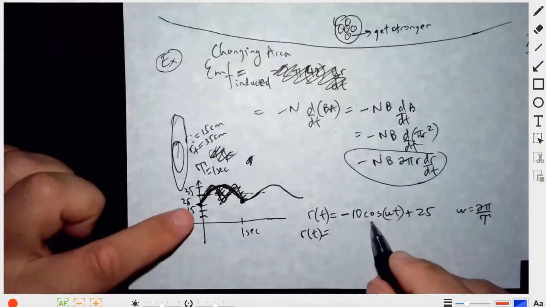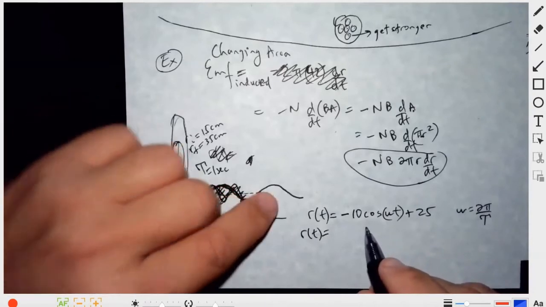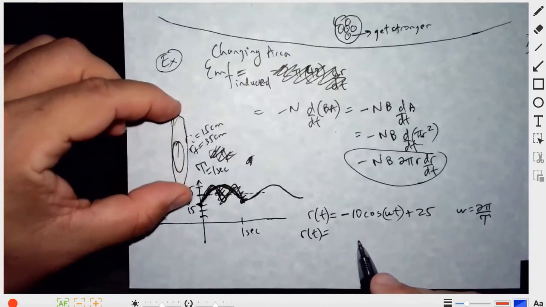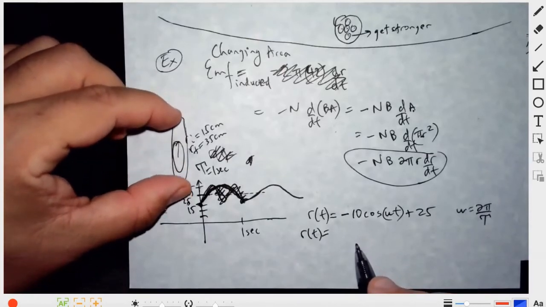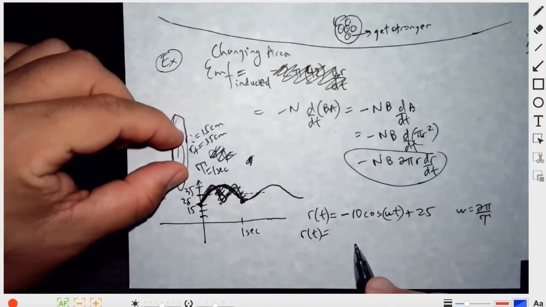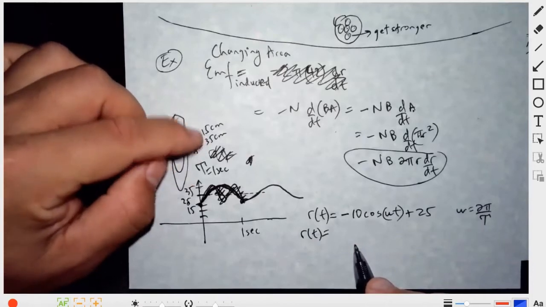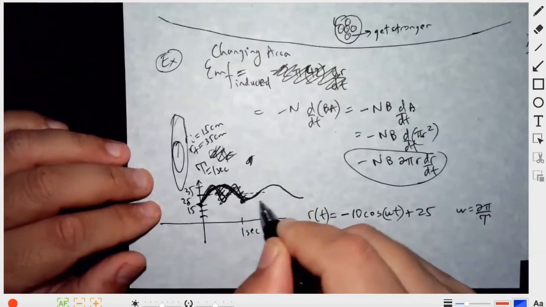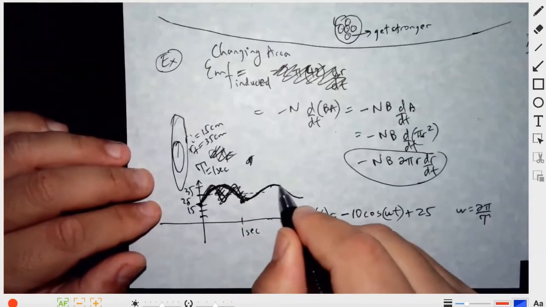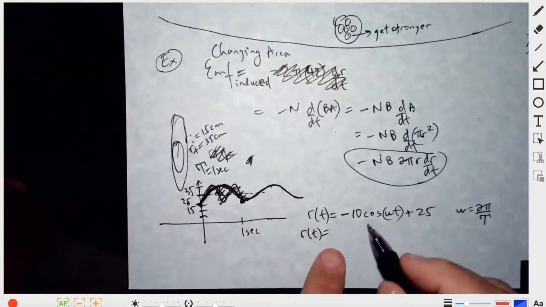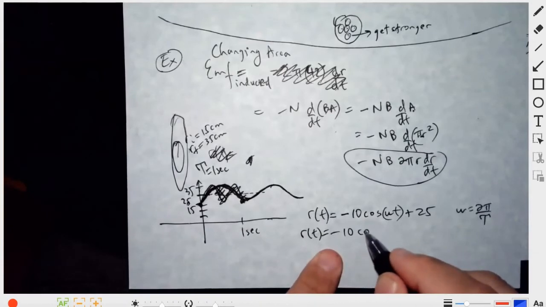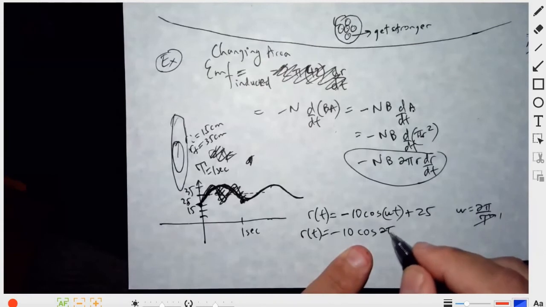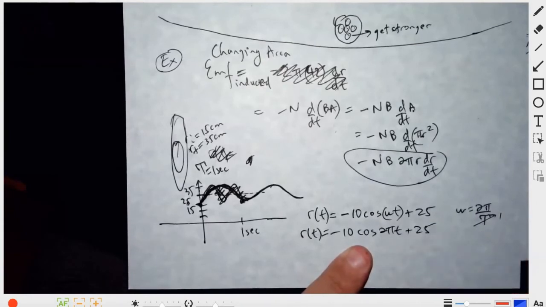So I came up with a function to describe what I'm doing. I'm starting at 15, making it grow to 35, and then coming back to 15 in 1 second. So it looks like this, and then back to 35, and then back to 15. So negative 10 cosine of, since it's 1 second, it's just 2 pi t, plus 25.